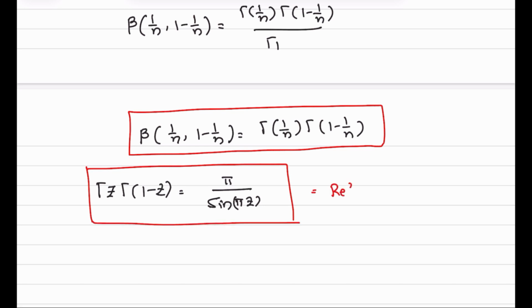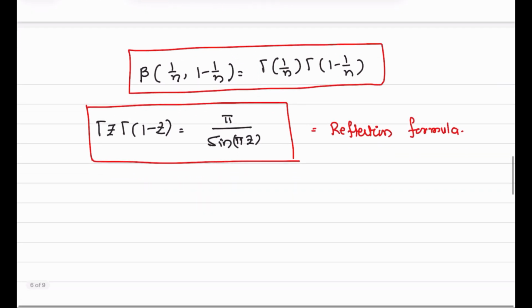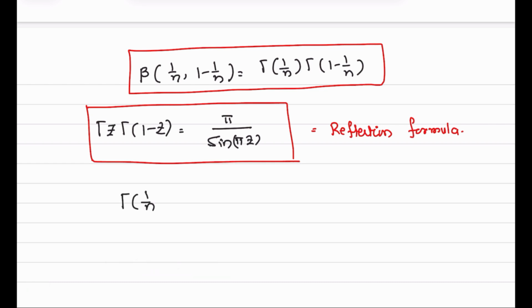This is the gamma reflection formula. Now, what will be the value of gamma 1 by n into gamma 1 minus 1 by n? Here z is equal to 1 by n. Put z equal to 1 by n. What happens?